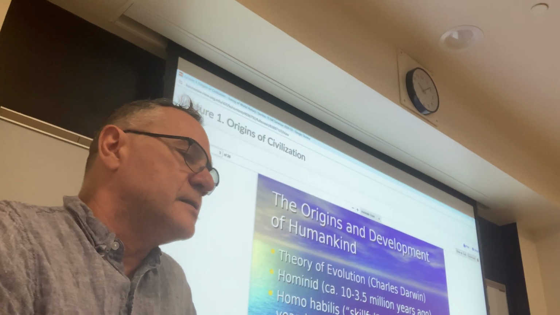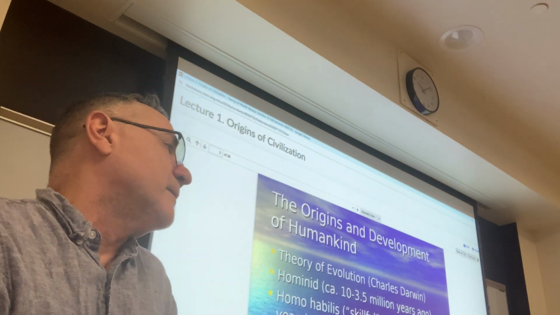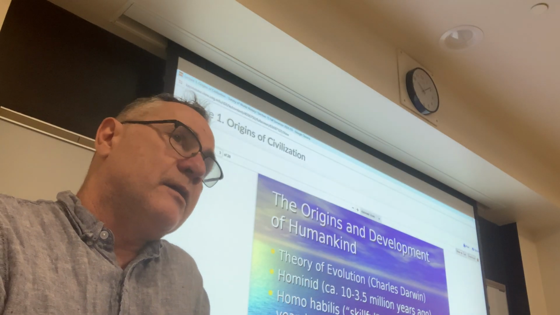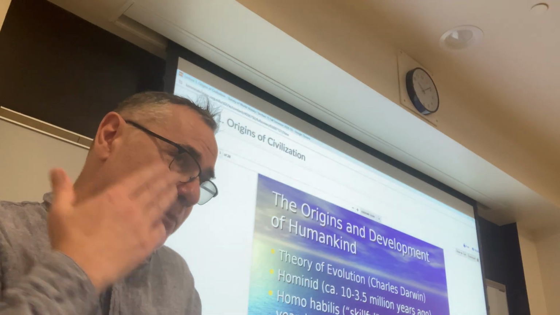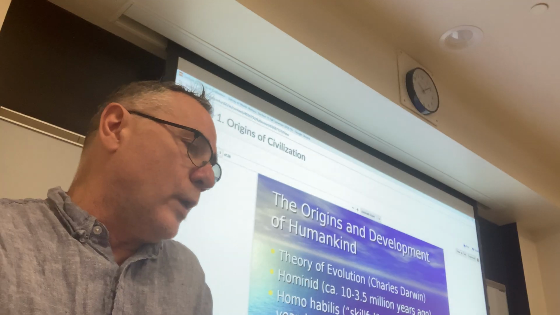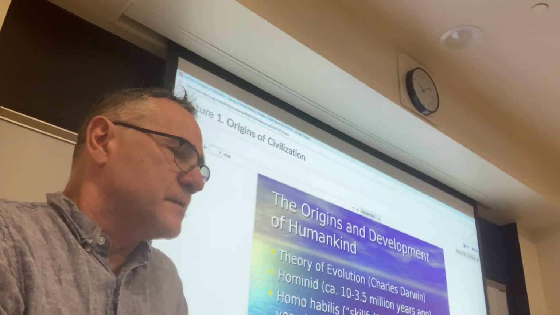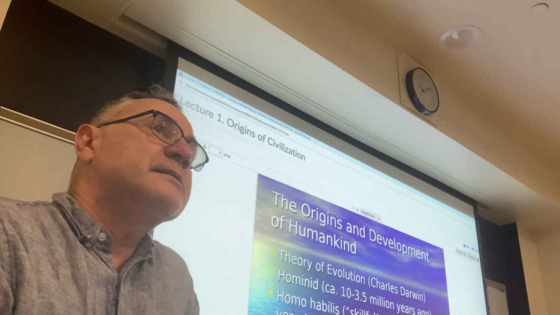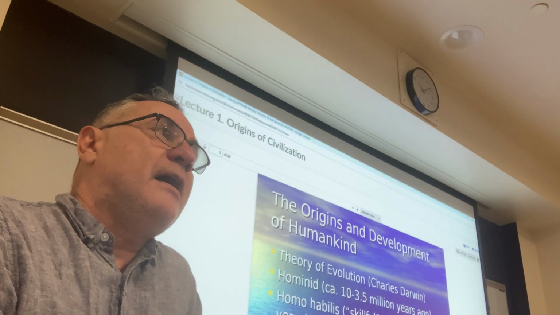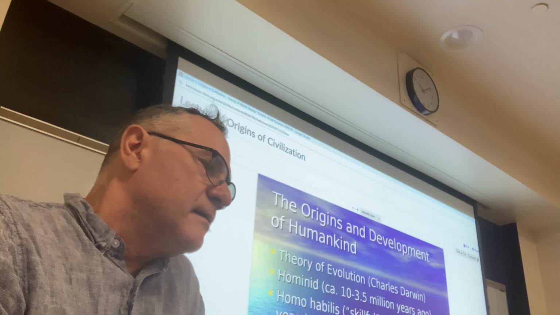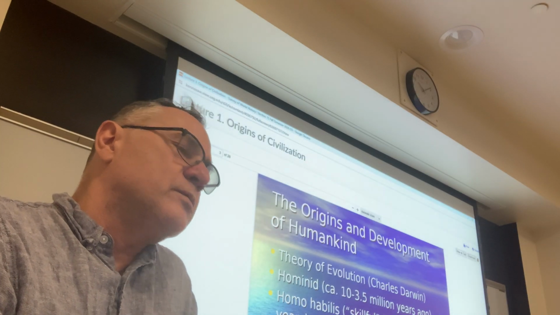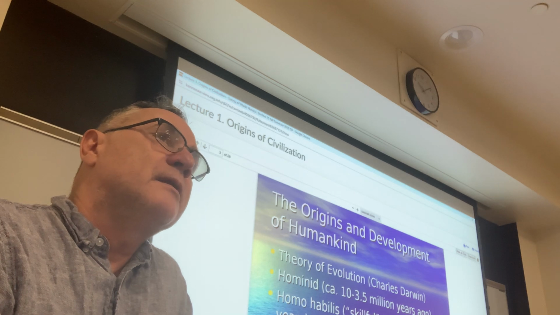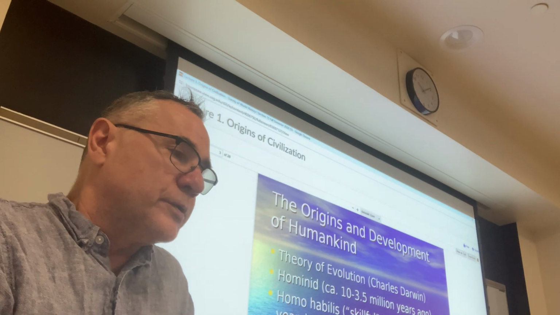The earliest primates lived about 60 million years ago. They grew in size. They became ground-dwelling apes. And scientists believe that about 28 million years ago, some important changes happened to this primate order.